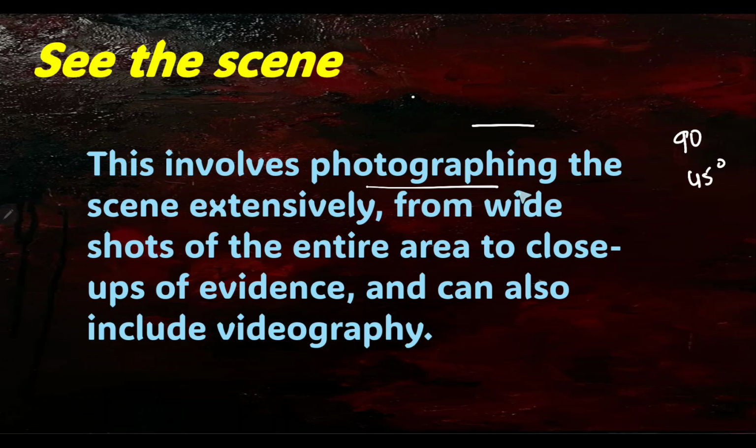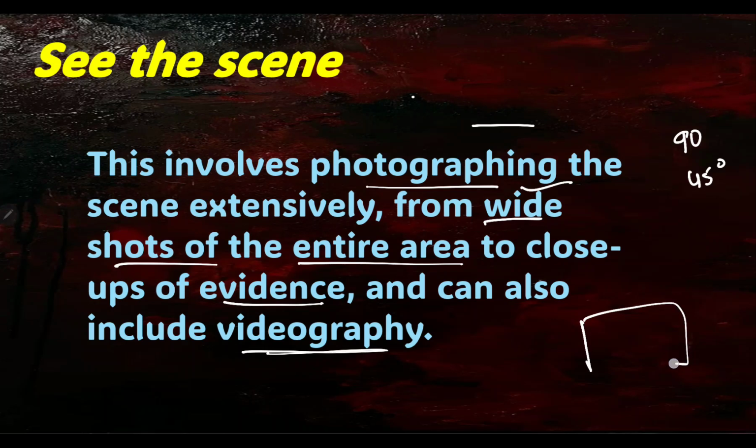So this involves photographing the scene extensively, from wide shots of the entire area to the close-ups of the evidences, and can also include videography. Wide angle shots means, let us take this as the crime scene, and you'll sketch mark the dead body, right?